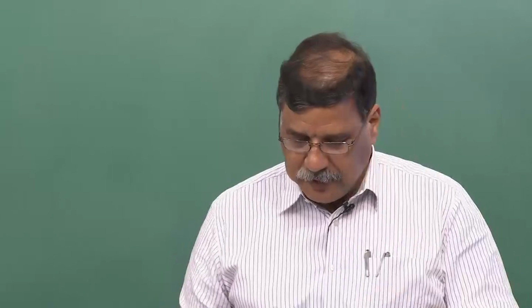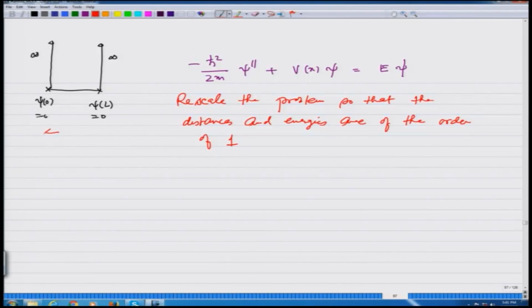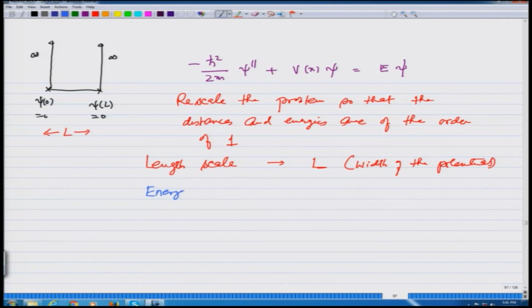So, what we do, for example, in the case of the problems that we are dealing with right now, is that length scale we will take to be L, that is the width of the potential, and the energy scale naturally becomes h cross square over m L square, which is dimensionally correct. So, let us rewrite the Schrodinger equation for this.